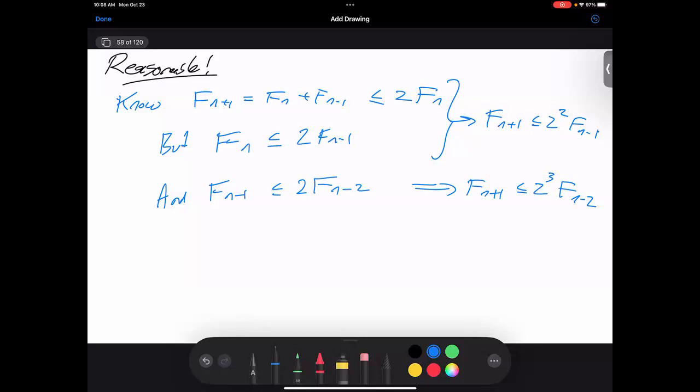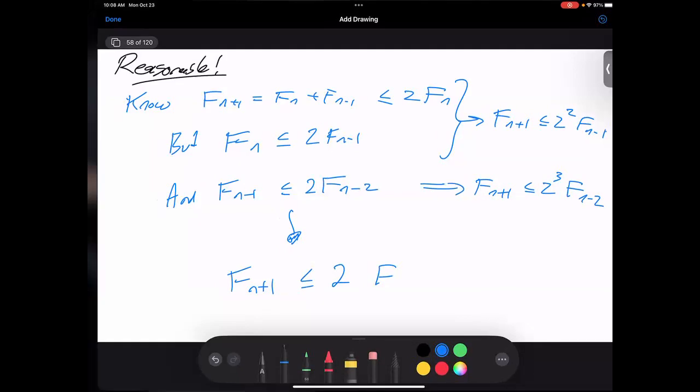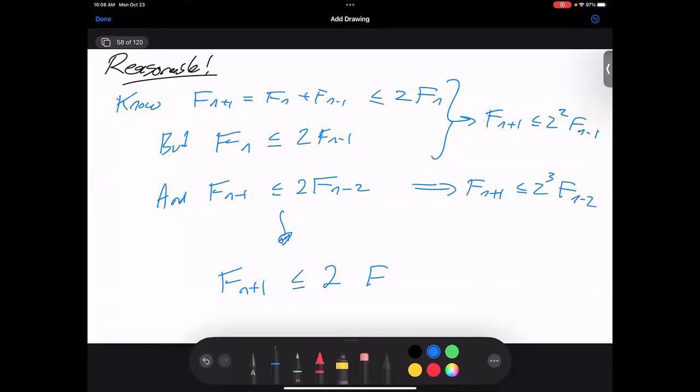And so if we keep going, we eventually get to f_{n+1} being at most 2 to some power times either f_1 or f_0. Do you want to stop at f_1 or f_0? f_0 is 0, so I'm not going to go all the way down to f_0. That doesn't make sense. So I'll stop at f_1.